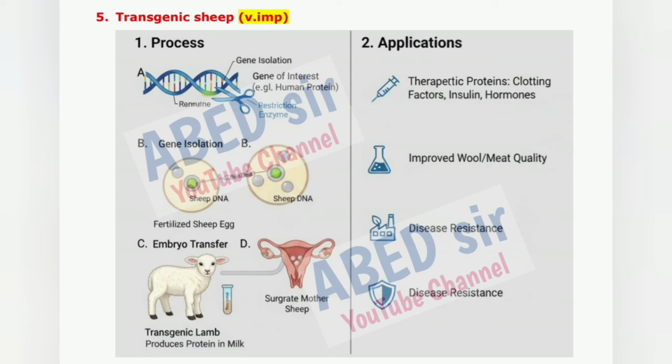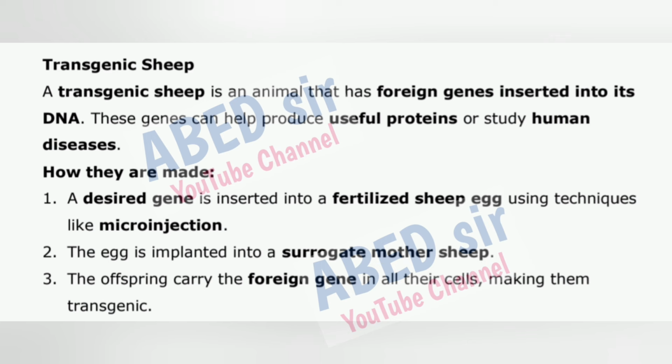Next important short question is 5, transgenic sheep. A transgenic sheep is an animal that has foreign genes inserted into its DNA. These genes can help produce useful proteins or study human diseases. How they are made: 1. A desired gene is inserted into a fertilized sheep egg using techniques like microinjection. 2.